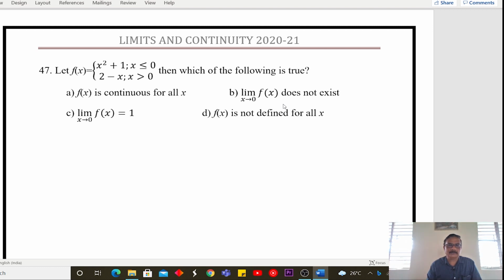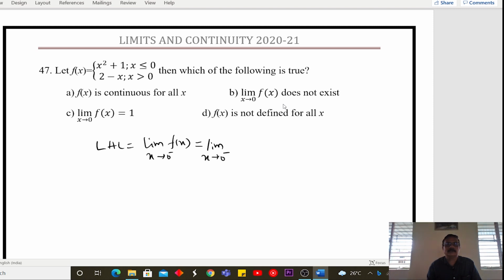See what happened. LHL is equal to the limit of f of x as x tends to 0 minus. Now select the function f of x such that x is less than 0, whose value is x square plus 1. Put x equal to 0, that is 1.